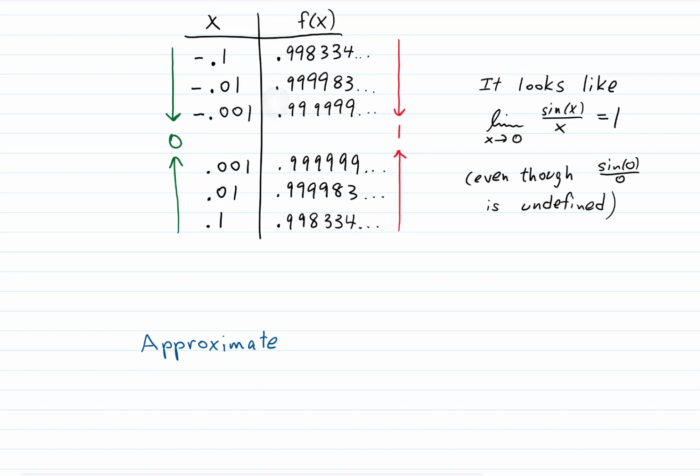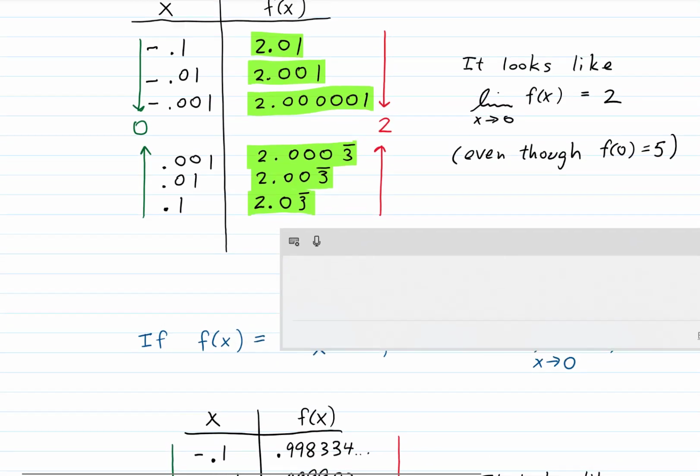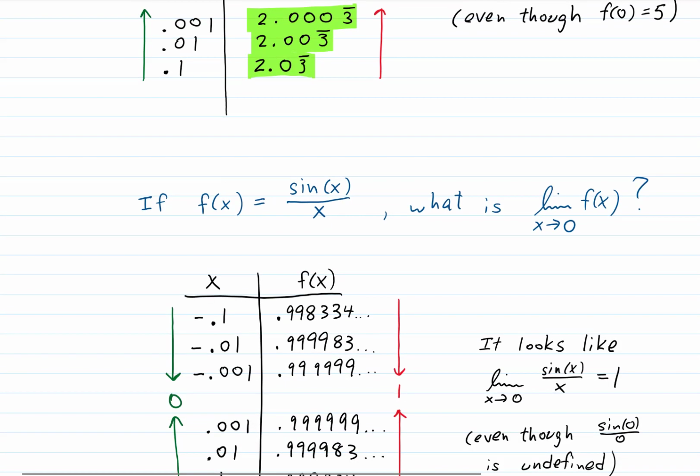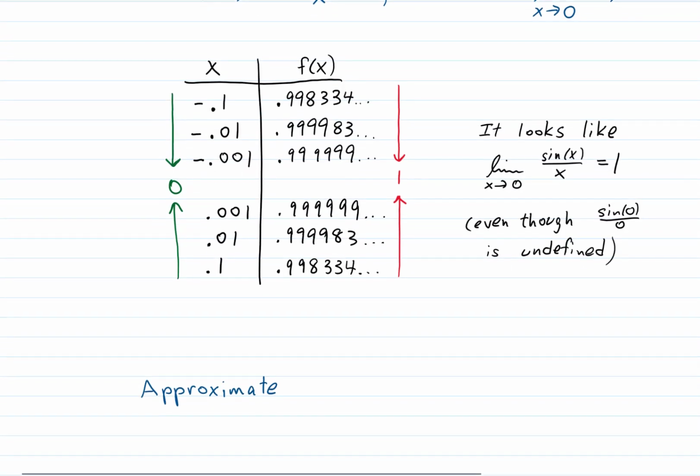That's why I kept writing, it looks like the answer is this. Technically, these two answers that I wrote there could be wrong. But don't worry, they're not wrong. Those are the correct limits. But all I'm saying is that we're just using a table of values right now, and so all we're really doing is getting an idea of what we think the limit is.